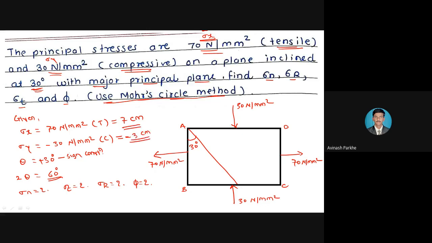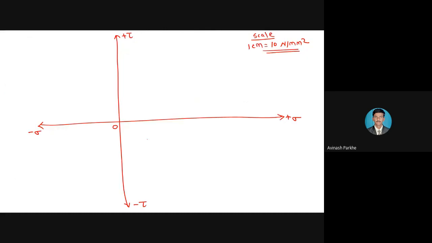Okay, so by using these centimeter values, I can represent the positions of point A and point B. First of all, sigma x from this point O is positive, therefore you will get point A at the right side of the origin.